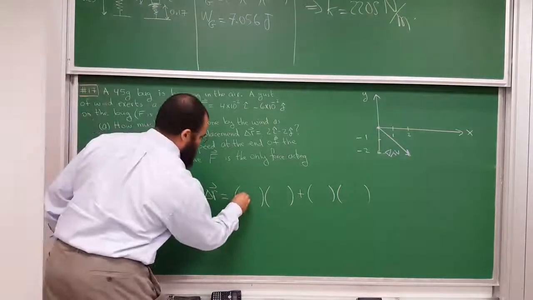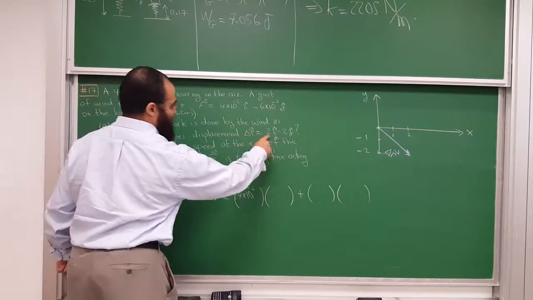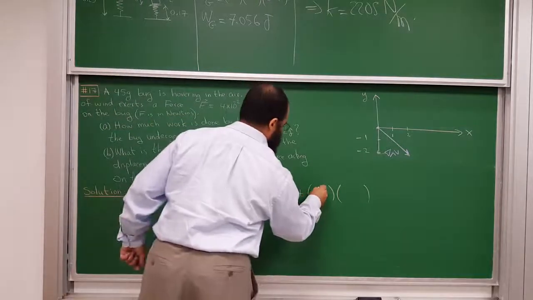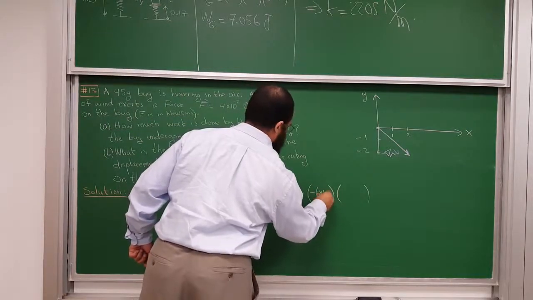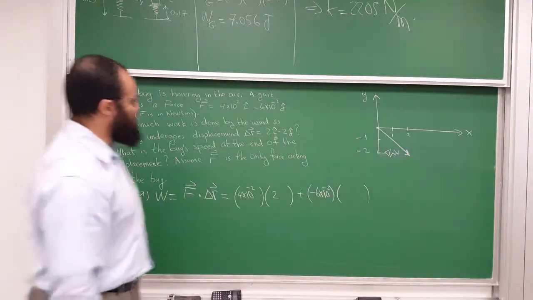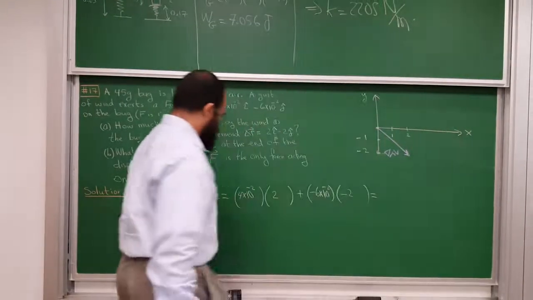It's 4 times 10 to the minus 2. The x component of r is 2. The y component of the force is negative 6 times 10 to the minus 2. And then the y component of r is negative 2.